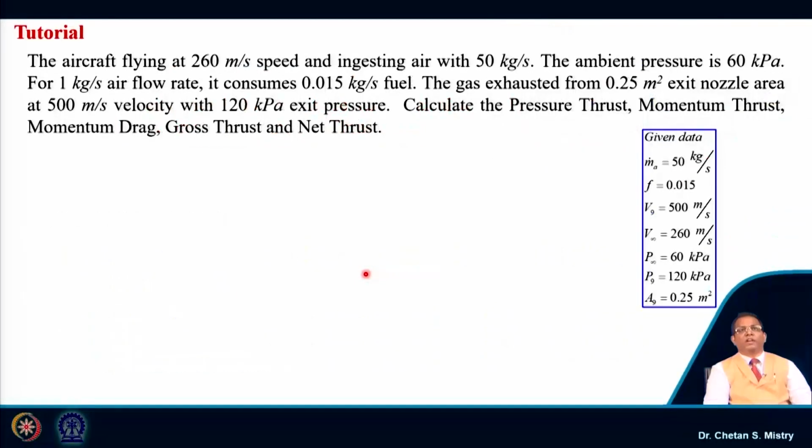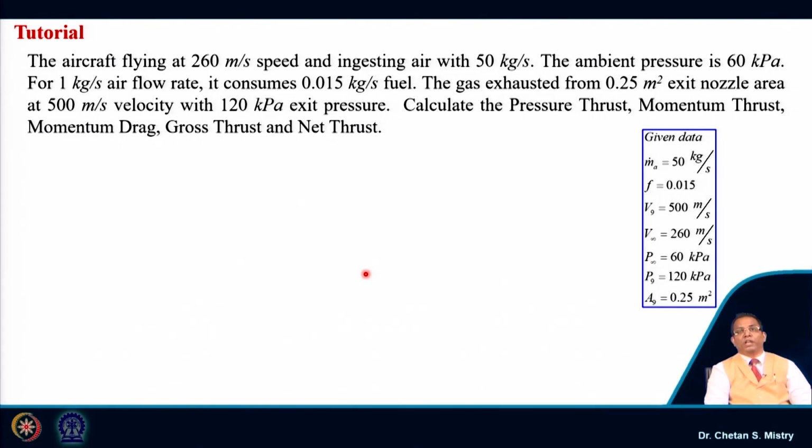Now, let us take one tutorial problem. My aircraft is flying at 260 meters per second. The air it is ingesting is 50 kg per second. The ambient air pressure is 60 kilopascal. For 1 kg of air flow, it consumes 0.05 kg of fuel.